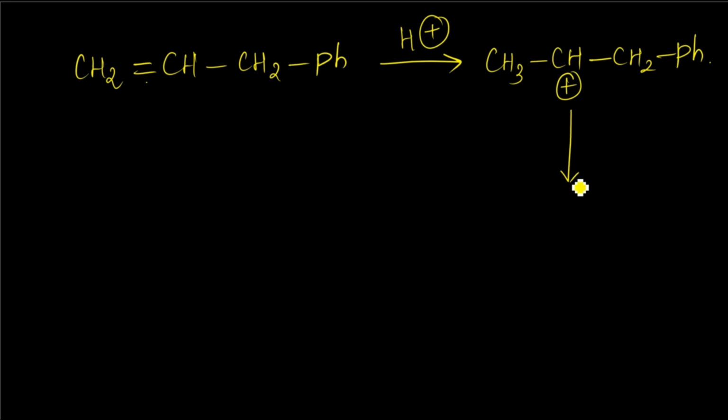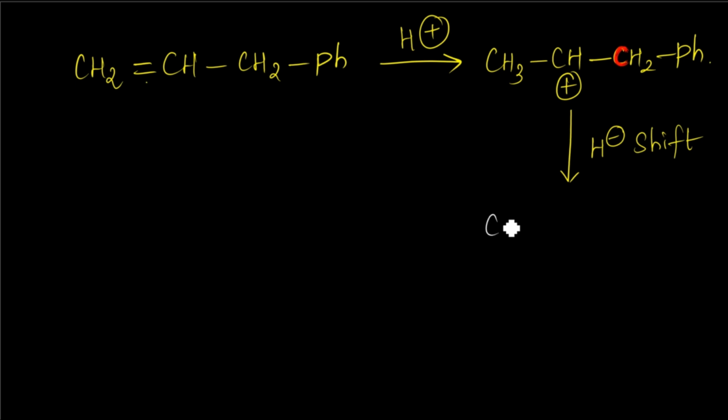So that knowledge will be checked in your JEE Advanced examination. Okay, so here you can see the hydride shift works better. Why? Because you can see this carbon would be much more stable. I'm not mentioning it for optically active. This carbon is much more stable because of Ph resonance.